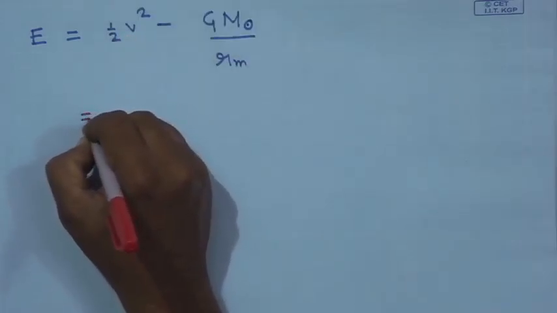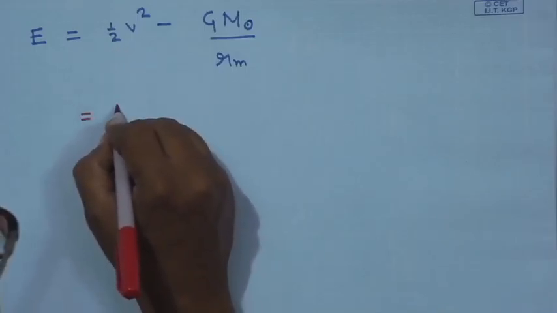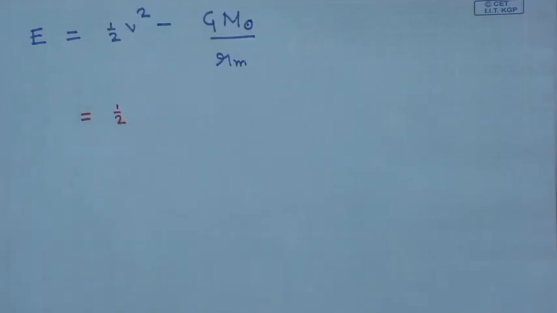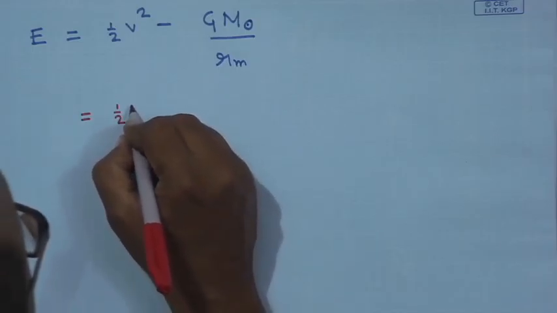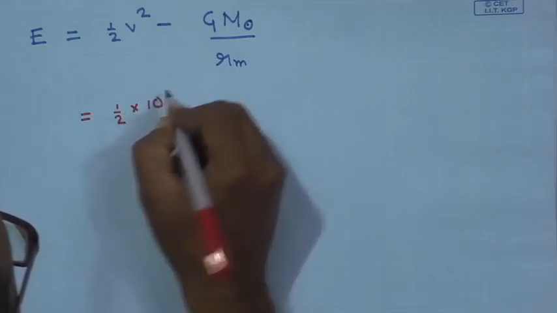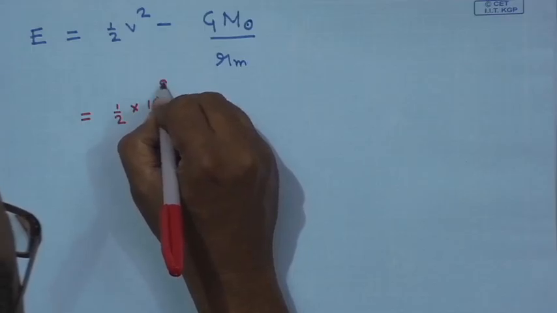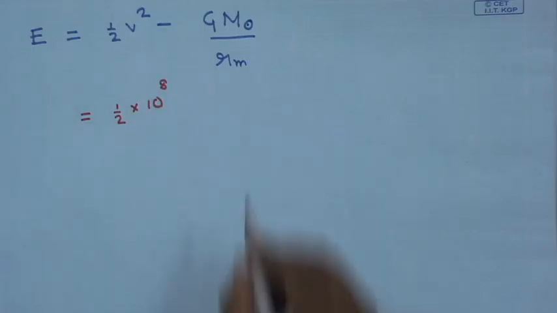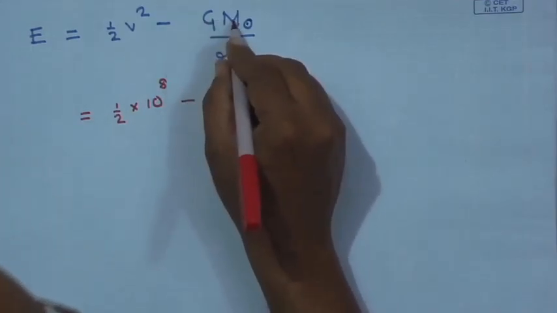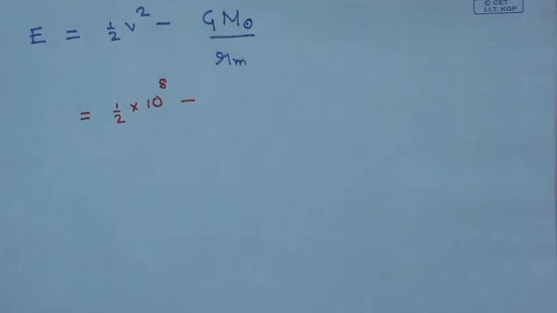So, this is going to be half, and I have 10 kilometers per second. So, half into 10 to the power 4 squared, that is 10 to the power 8 in SI units, minus G into the mass of the sun by the minimum distance.